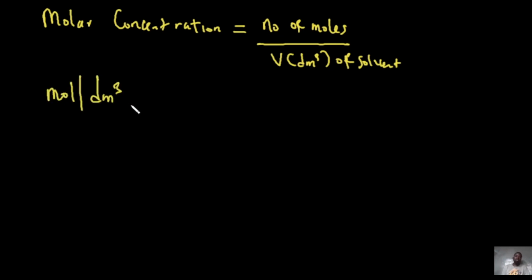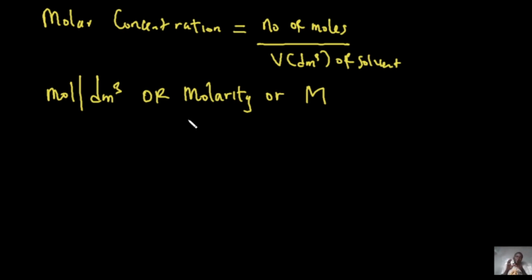The SI unit of molar concentration, as I mentioned, is mole per dm cube. So in some cases, you will not find the term molar concentration. Some of the questions will say find the concentration in mole per dm cube. When you see that, it's the same thing as molar concentration. Now, the unit for molar concentration is mole per dm cube, or molarity, or capital M. Any one of these three things is a representation of the molar concentration.